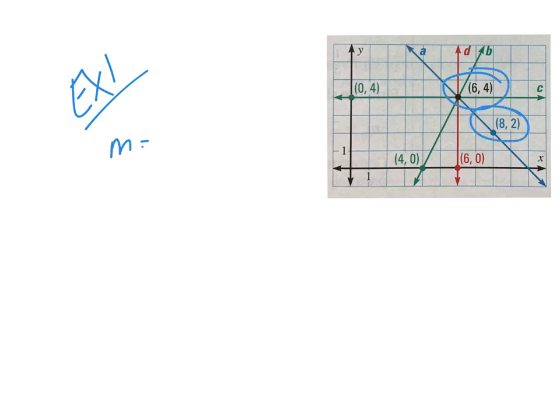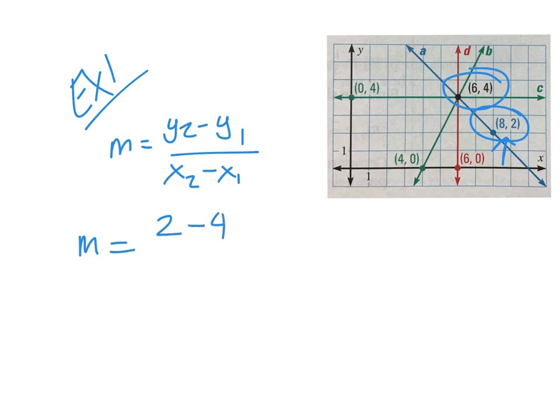So again, using our equation, y2 minus y1 over x2 minus x1. Does it matter which point you put first? No, as long as you use the same point first on both parts of the equation. So I'm going to use this bottom one first. So y2 would be 2 minus 4.